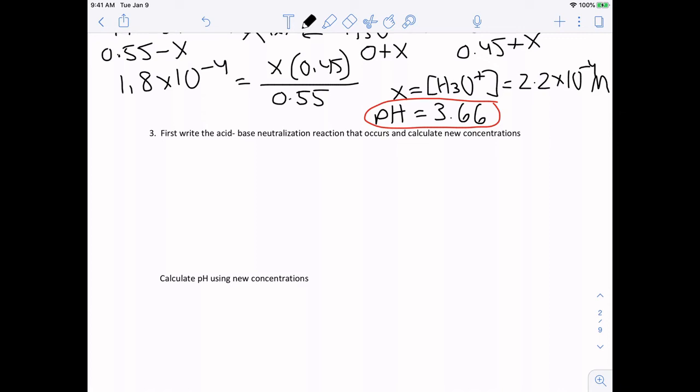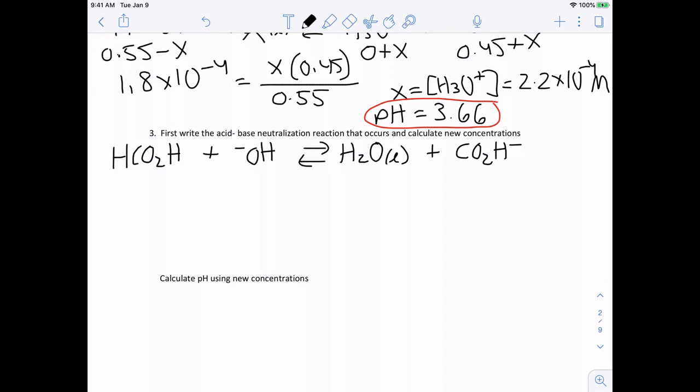Remember, my hydroxide is a base, so it's going to react with the acid component. So formic acid plus my hydroxide ions, and that's going to go to a water molecule. It's always going to be one of our products. Plus my formate.